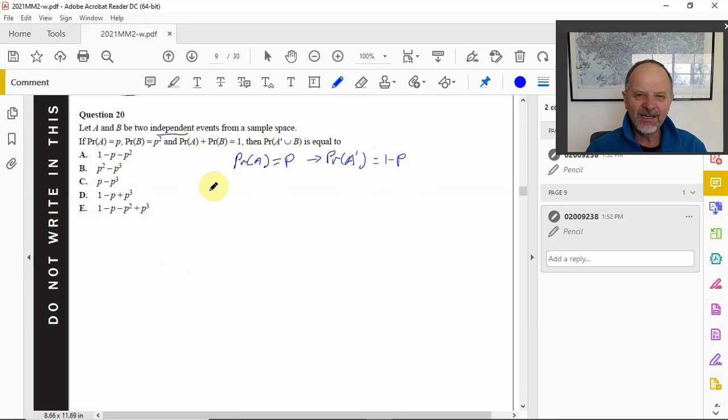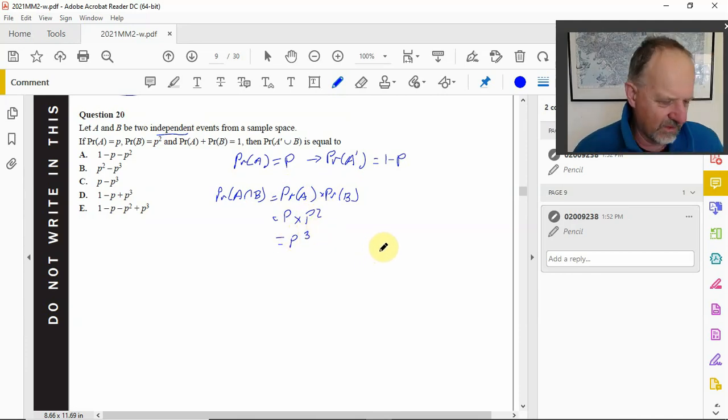So if they are independent, then that means the probability of A intersection B is the probability of A times the probability of B, which is p times p squared, which is p cubed.